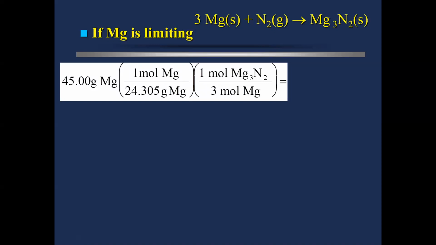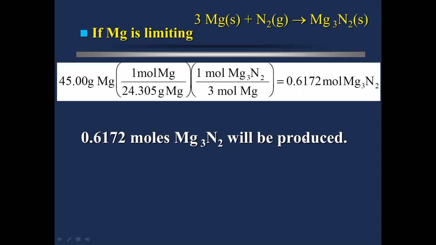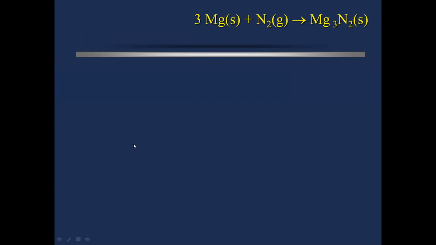We cannot put some number randomly, or skip this step. So this tells you how many mole of this one can be produced. By doing that, use your calculator, you get this value 0.617. So if magnesium is limiting, that is the amount produced.